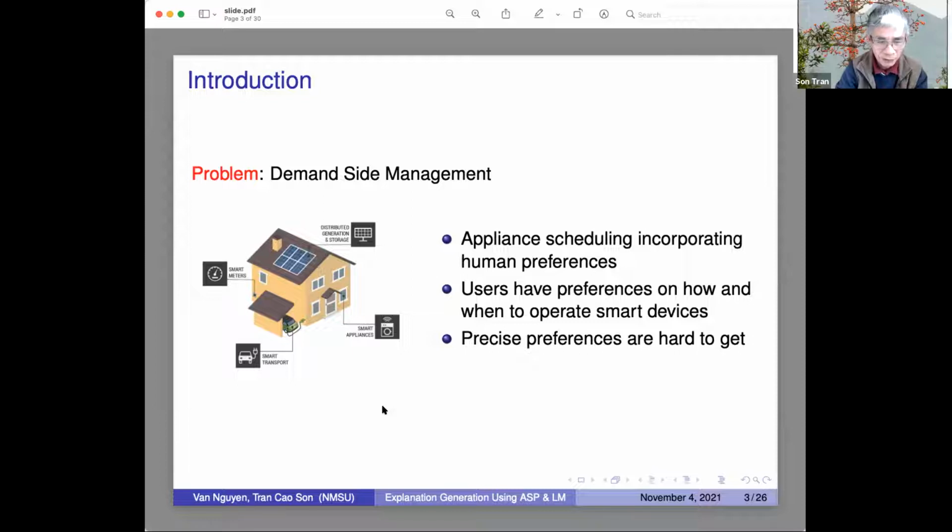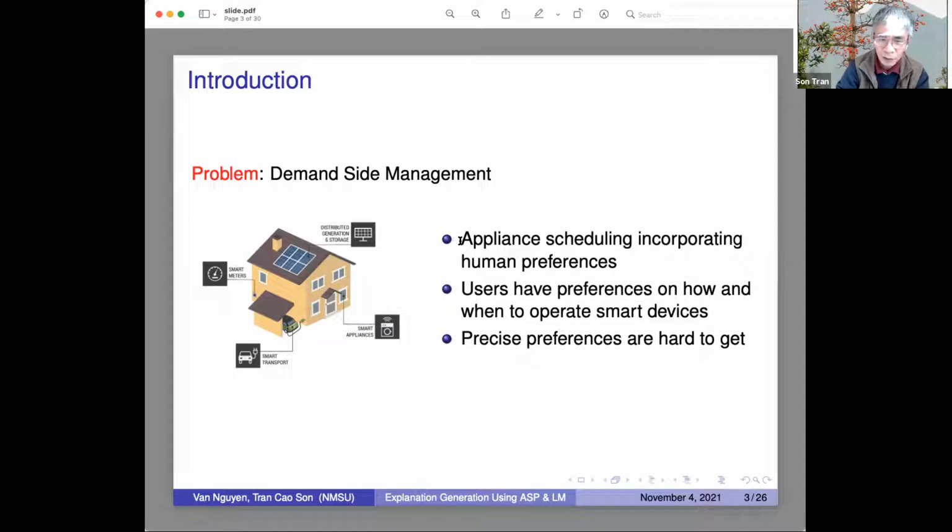We consider the smart home situation where an owner has many appliances that could be turned on or turned off automatically. The problem is that we want to provide the owner, the user, a schedule that optimizes the cost or satisfies the user preferences.